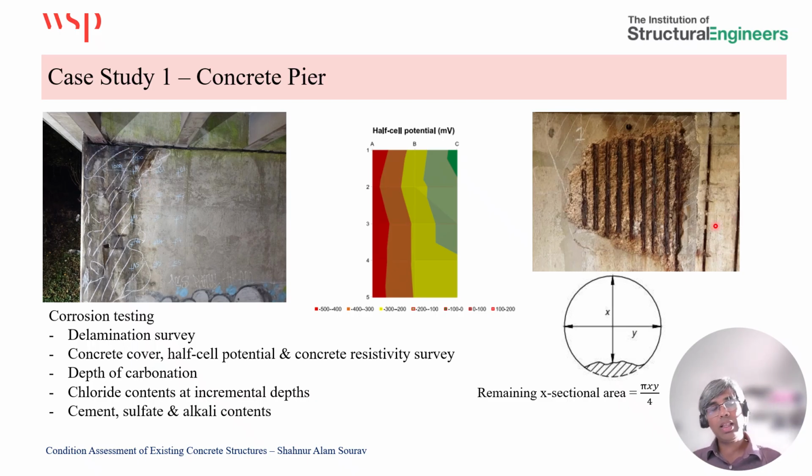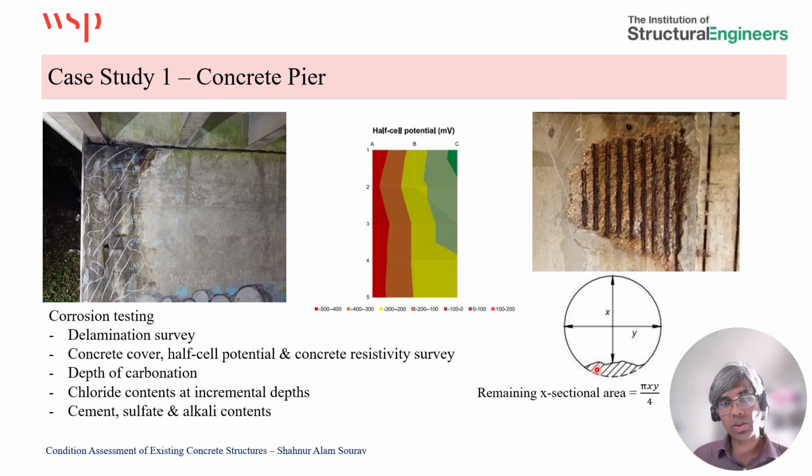This is a typical example of how we can get information about the remaining section loss, or I should say remaining area of reinforcement. In most cases, the reinforcement starts to corrode from the outer surface.